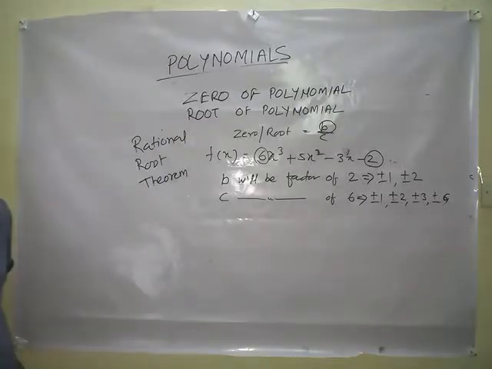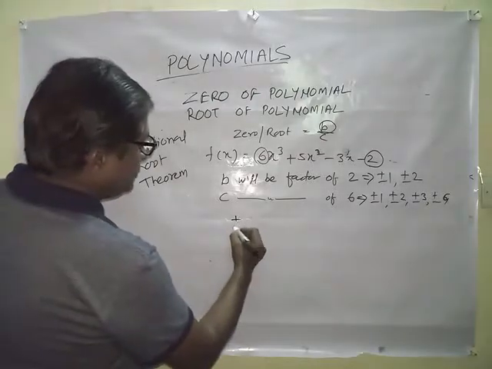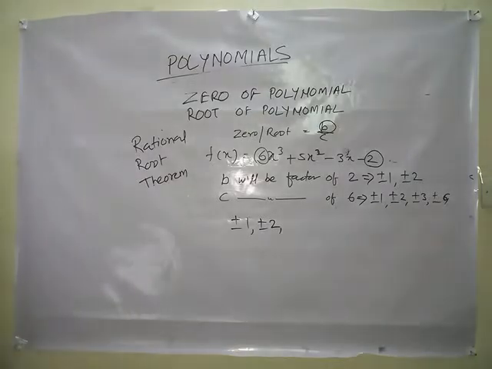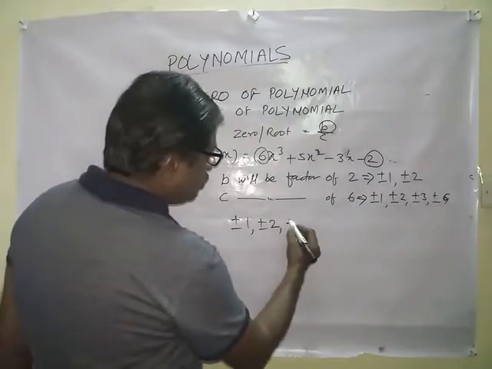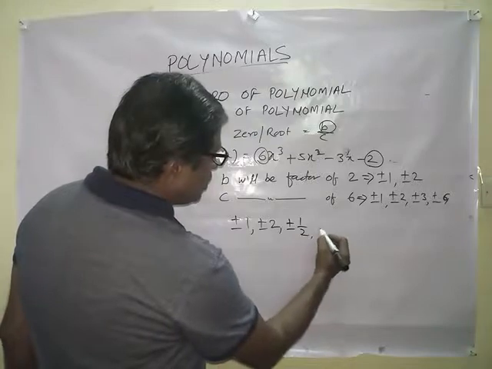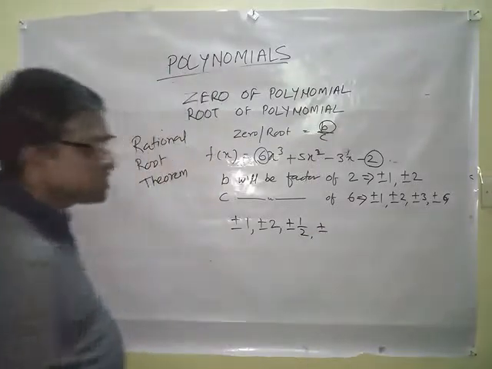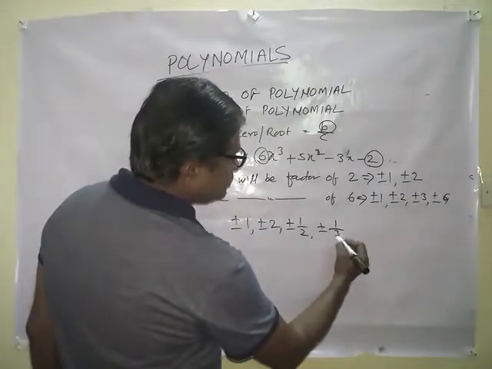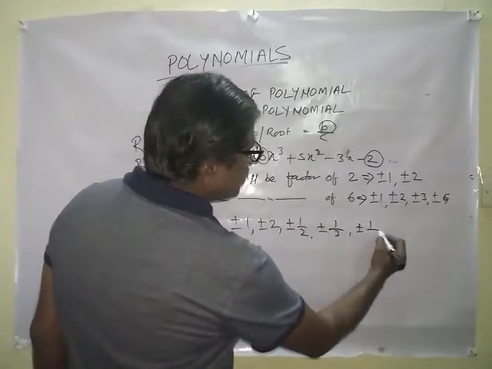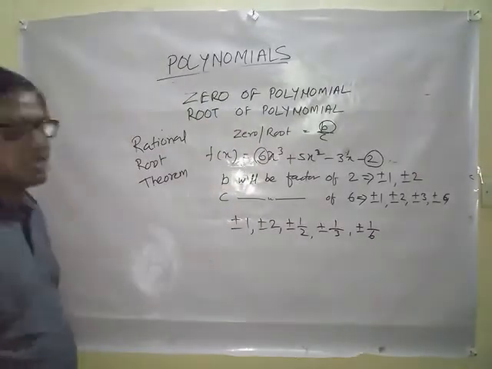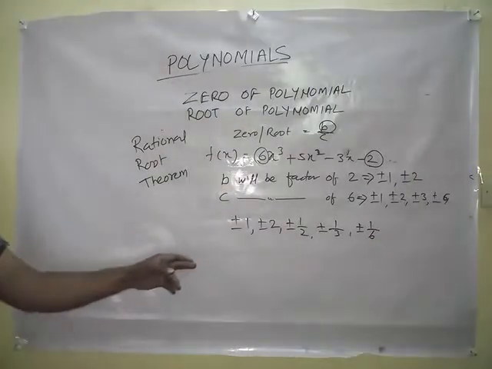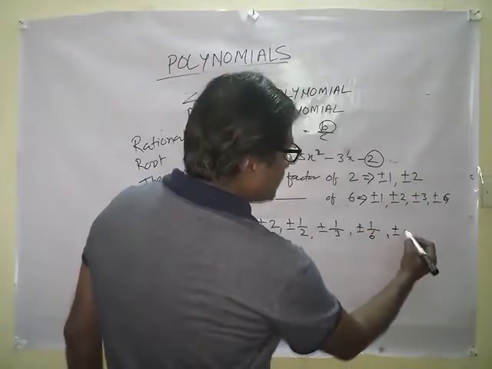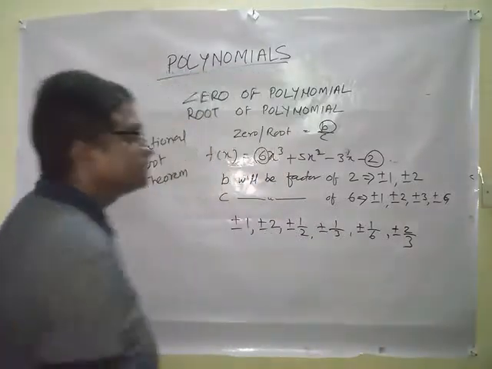So the b upon c value could be plus minus 1, plus minus 2, plus minus 1 upon 2, plus minus 1 upon 3, plus minus 1 upon 6, etc. Now with this there will be another, plus minus 2 upon 3.